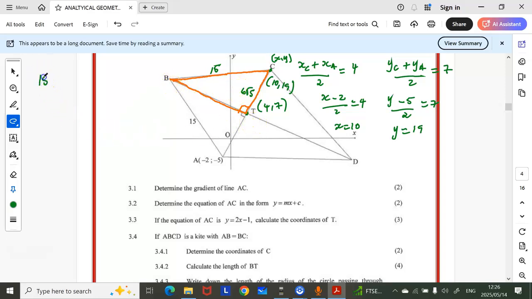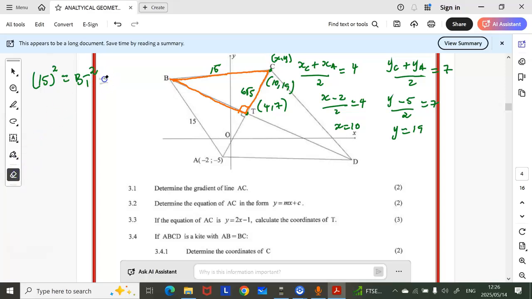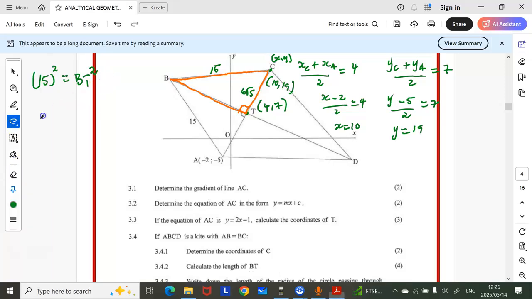Now we can use the Pythagoras theorem to find BT. We've got 15 squared equals BT squared, sorry, not equals to here, it's plus 6 square root of 5 squared, right?